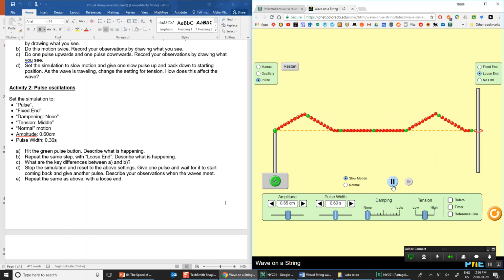These two terms are very important. You're going to write this down right now. It's called constructive interference when they add up, and destructive interference when they cancel each other out. I can write them on the board.